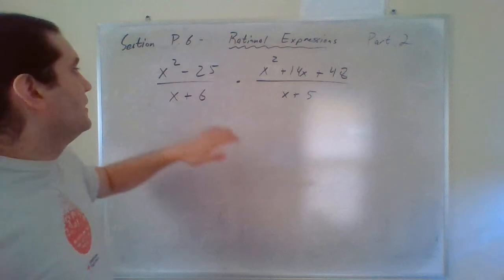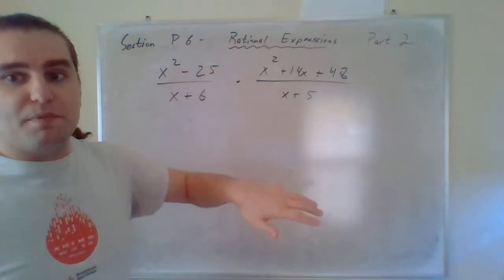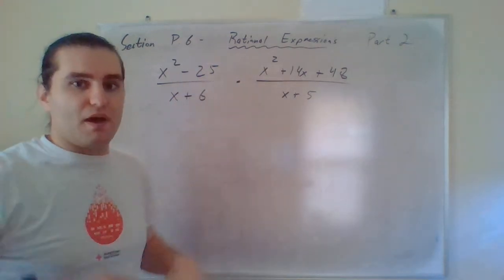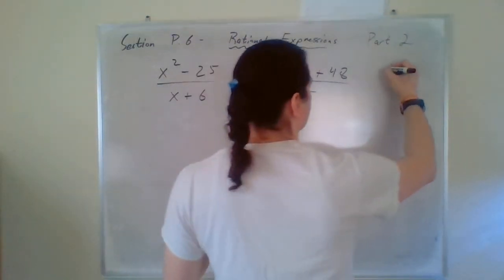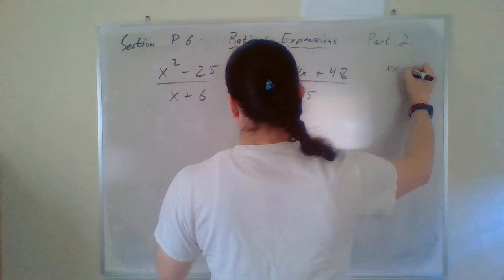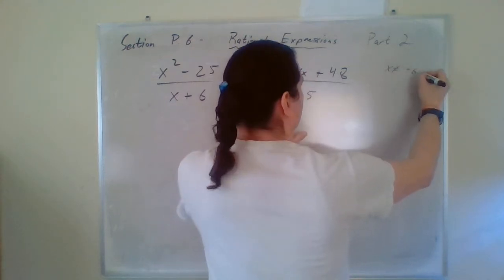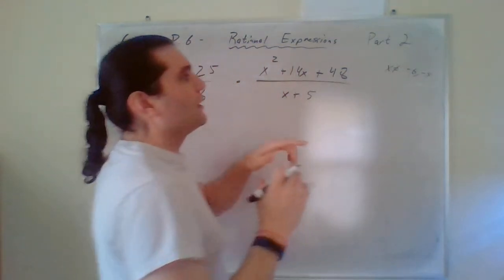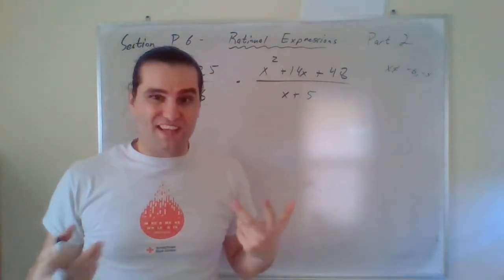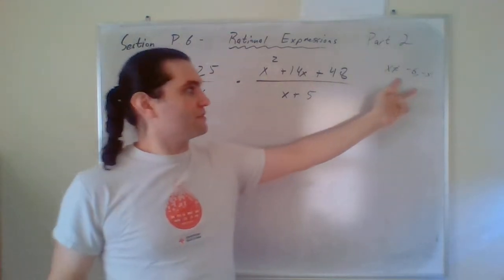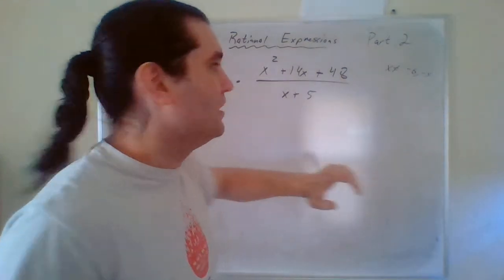Don't do that. The first step is to factor everything as much as possible. Well, also, maybe the first step is to note the domain restrictions. X can't be -6, and it can't be -5. Some of these terms on the bottom are probably going to cancel, but we have to preserve these domain restrictions.